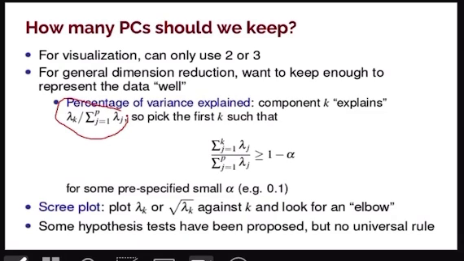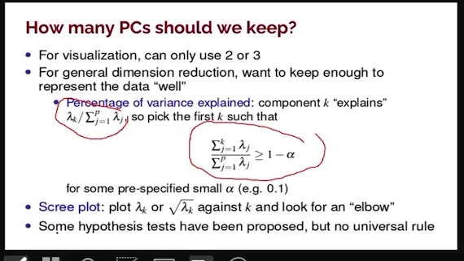To know the percentage of variance explained by this particular principal component, I take the ratio. And we make use of this for a pre-specified small value alpha. At times we could use 0.1. We're going to base it on that.